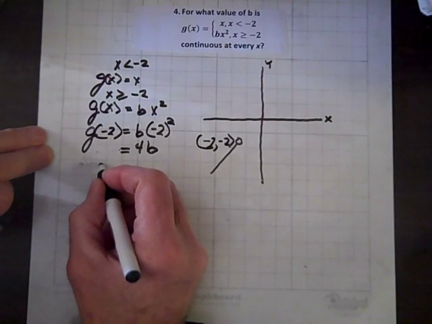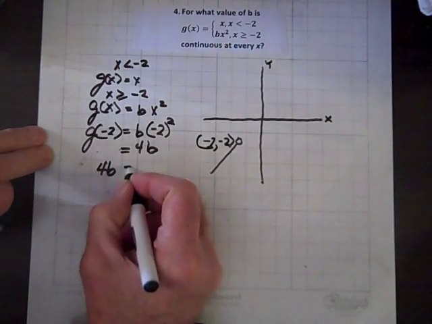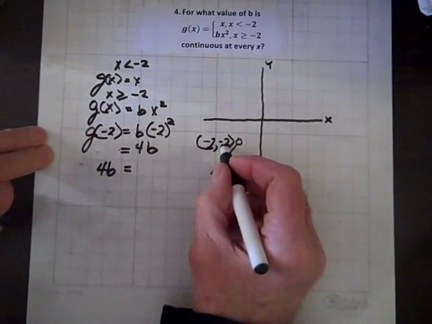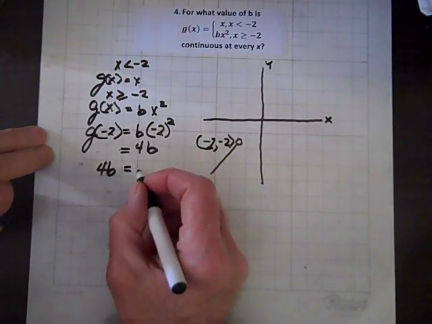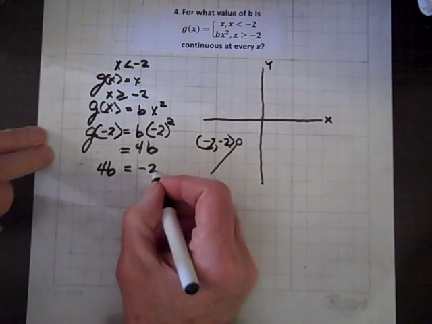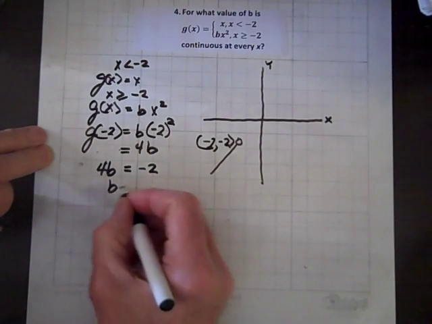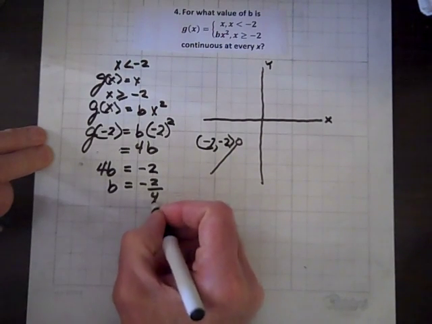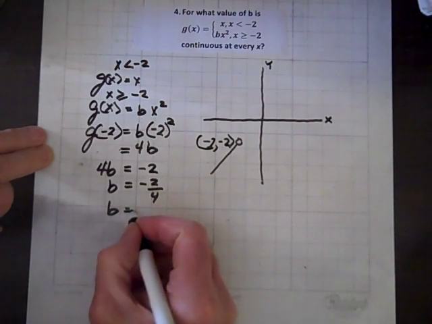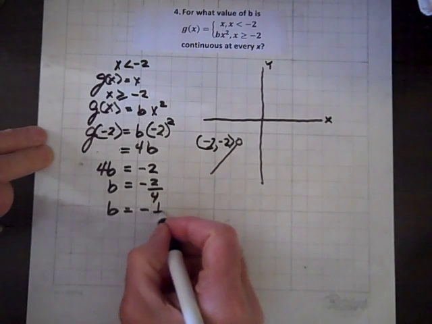So now we know that 4b must equal negative 2, the y value here, in order to fill that in and be continuous. So now dividing through by 4, we have b equals negative 2 over 4, or b equals negative 1/2.